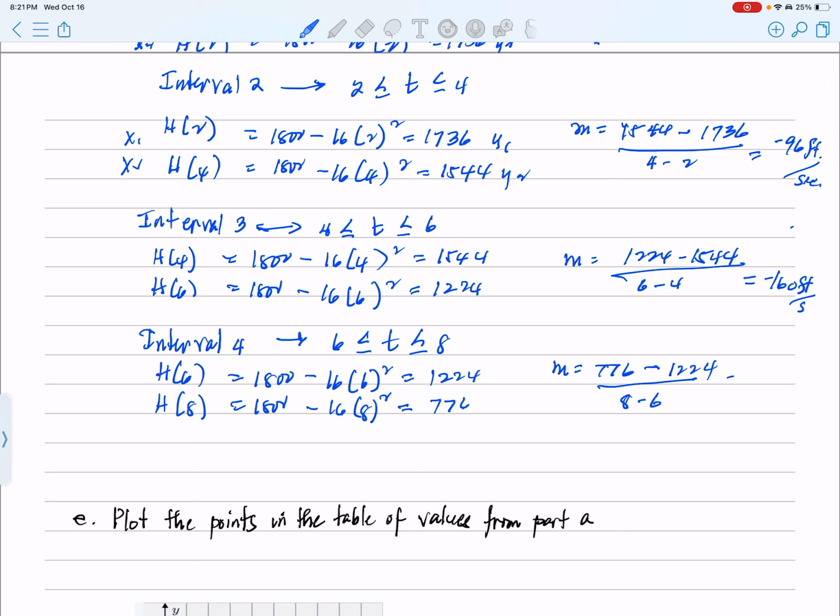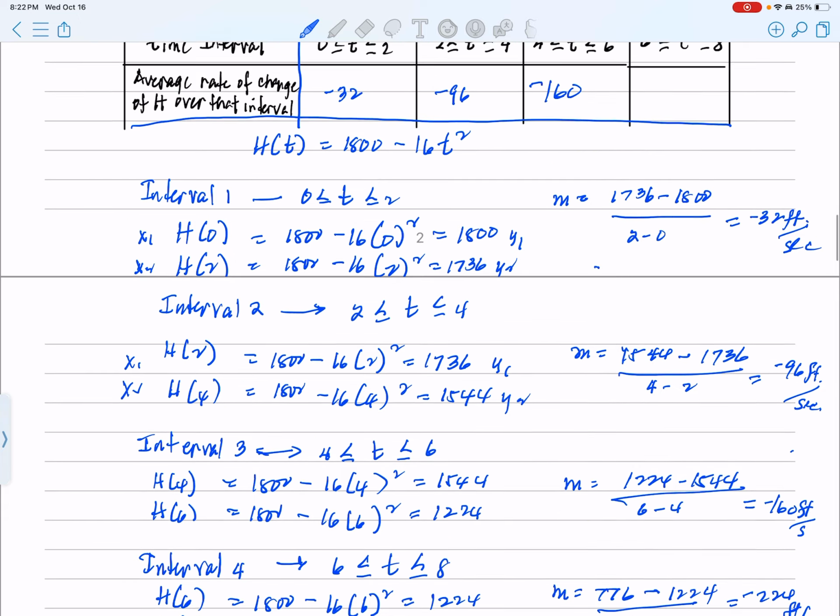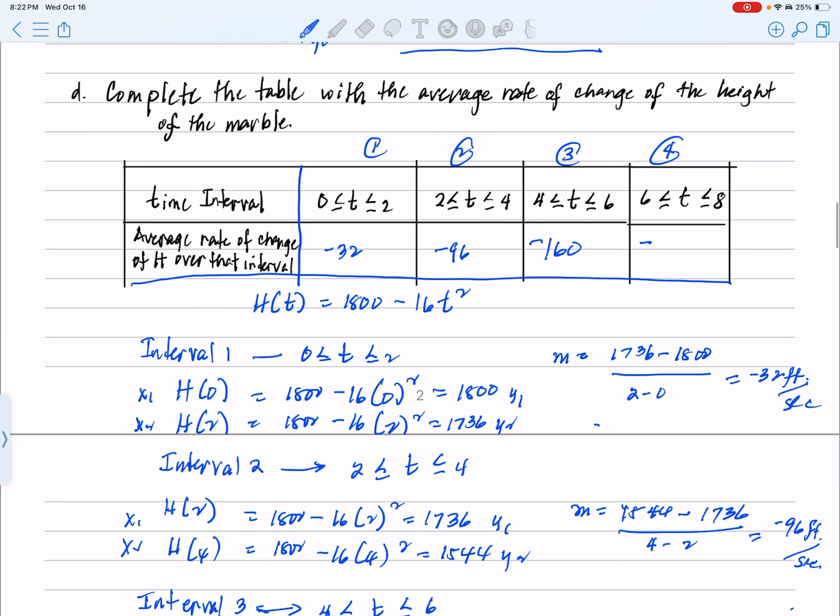Remember, 8 minus 6 is 2. So you have the value of negative 224 feet per second.